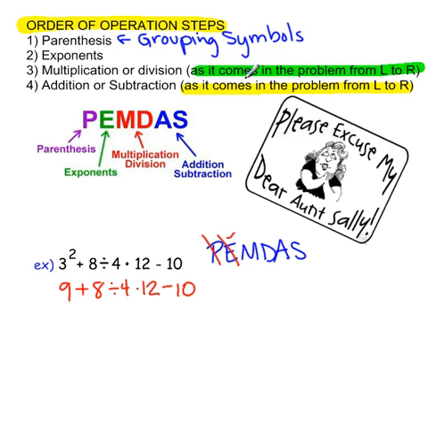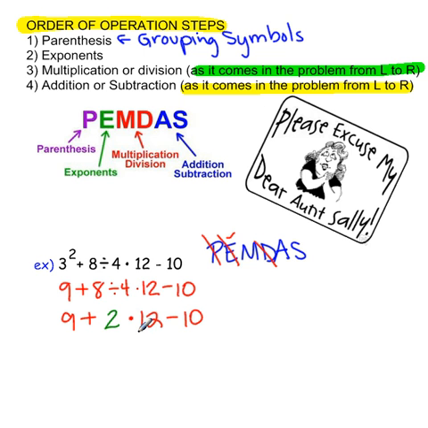So as stated up here, we do what comes first from left to right. In this case, we're going to have to work this division first. 8 divided by 4, which is 2. All right, so the 9 stays the same. The plus sign is still there. Times 12 minus 10. So notice the only thing I did was the division, which was here.